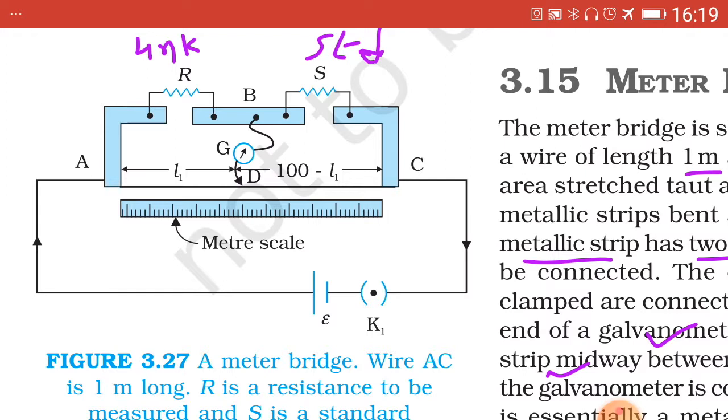On the other side, standard resistance S is connected, and in the middle strip, a galvanometer is connected through a jockey, which can slide on the Wheatstone bridge wire made of constantan. Now suppose the null point obtained as shown in the figure is at point D, then the length from A to D will be L1, and from D to C will obviously be 100 minus L1 centimeter.